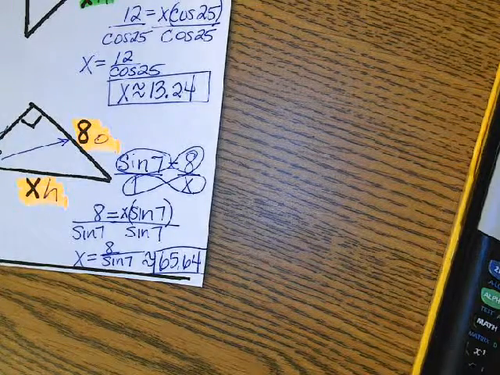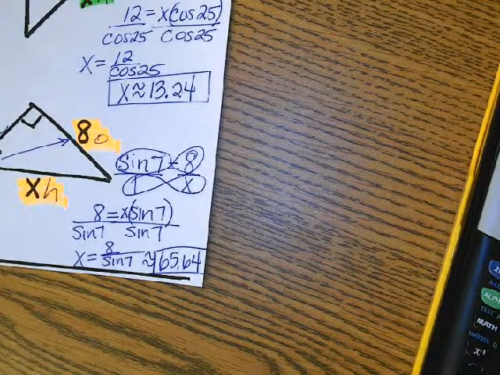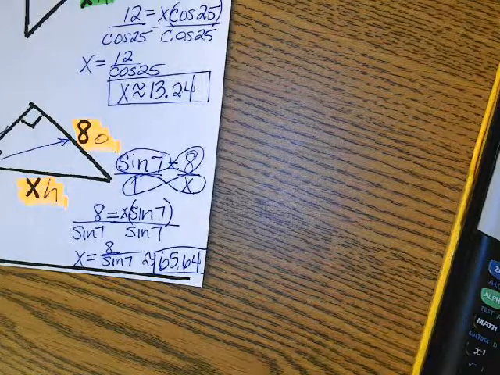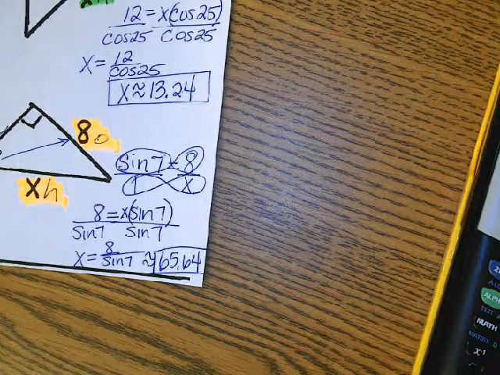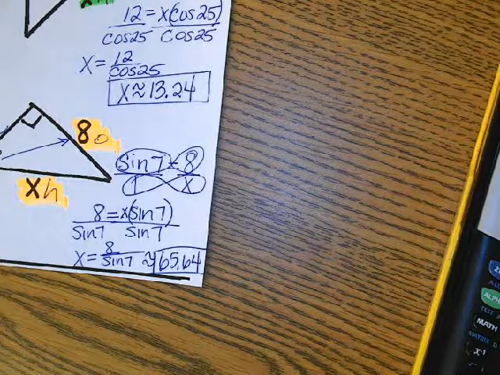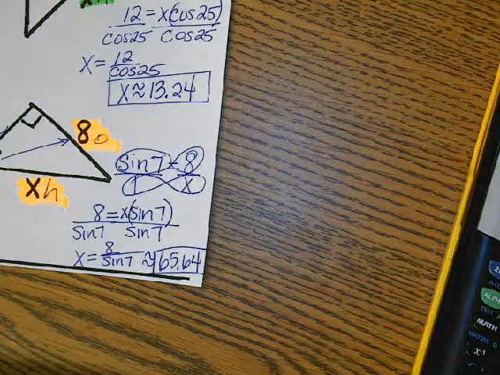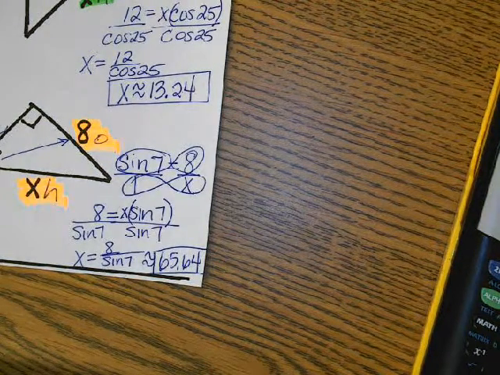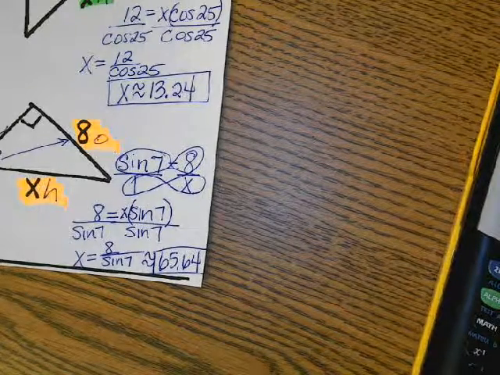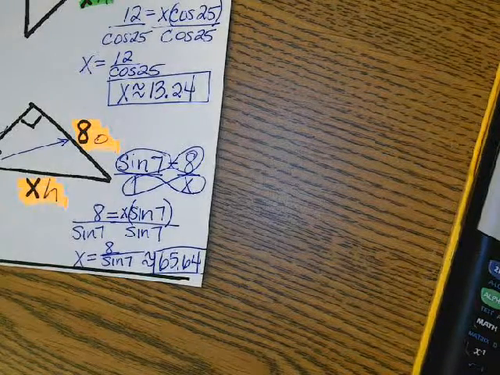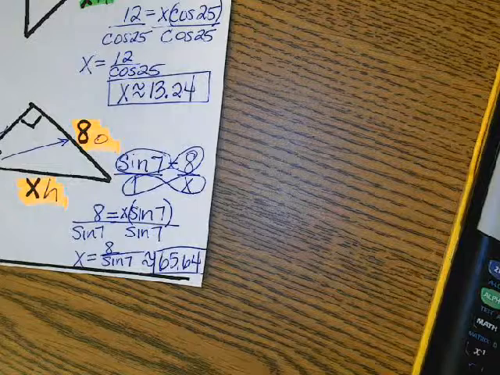Okay, so now we are going to glue this into our spiral. So you'll need to have your spiral. So it goes after your calculator page. So it's going to go here.